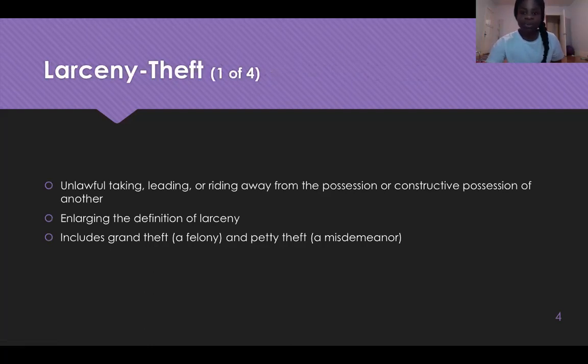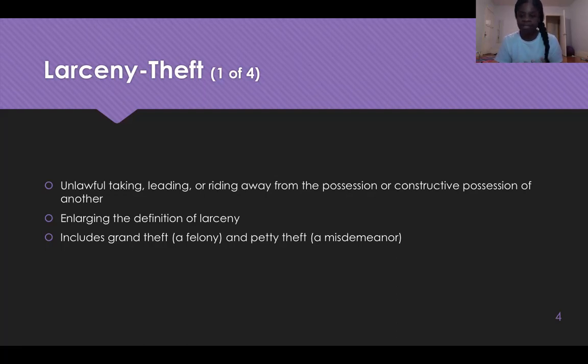Going on to larceny and theft. Larceny theft is defined as the unlawful taking, leading, or riding away from the possession or constructive possession of another. The definition was enlarged to include taking by fraud or false pretenses, as well as by stealth and force. Okay, it covers most types of theft that do not include the use of threats or force.